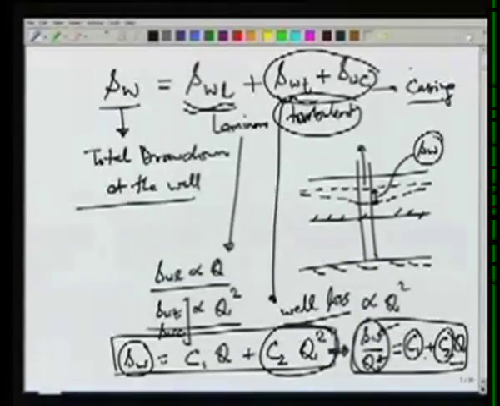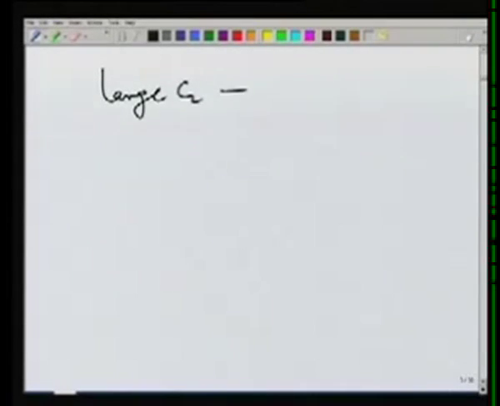So if we pump the well at different rates, note down SW for different Q values, we can compute SW over Q and plot it against Q and get the values of C1 and C2. We want C2 to be small so that the losses are minimum. If well losses are large, for example, if C2 is large, C2 will indicate an inefficient well.